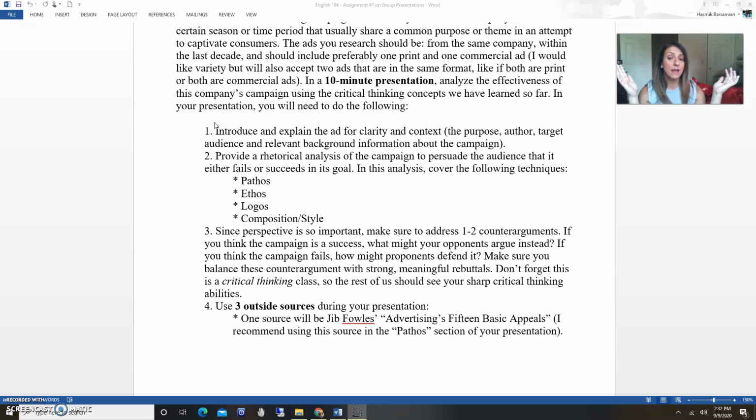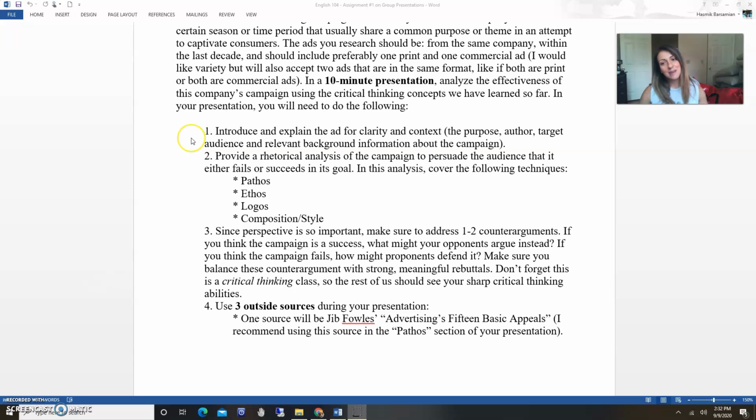Or you guys might like the style of going back and forth, which is so much more engaging, but it's also more difficult to do. So I think the way that you would choose to structure and organize your presentation is really up to you. So I'll leave that for you to figure out yourself and with your fellow group members.